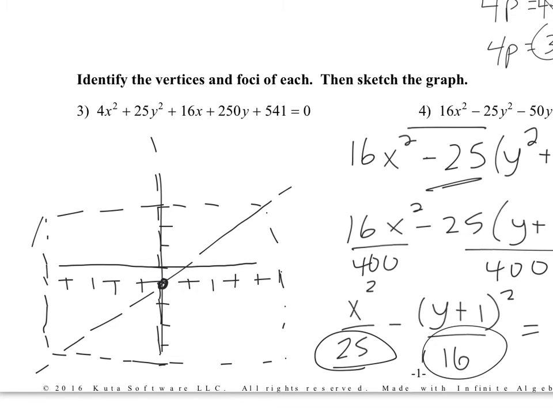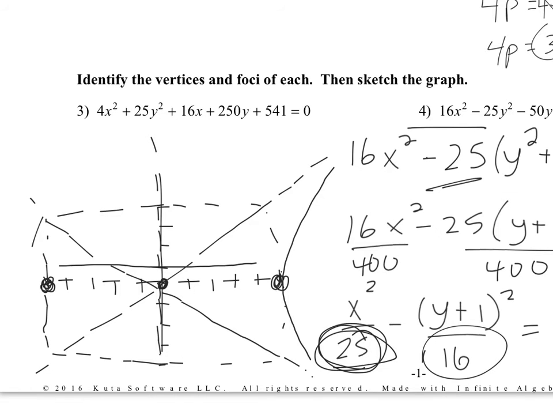And then the slanted asymptotes going through the corners in the center. Okay. And these represent the vertices. Plus or minus 5. And then the slanted asymptotes are here to help give shape to either side.